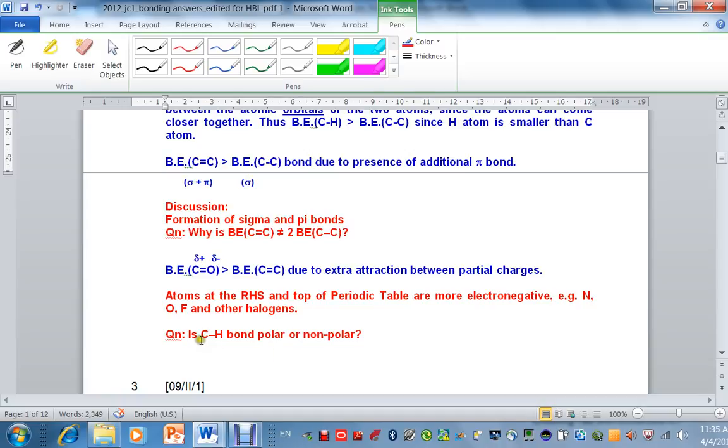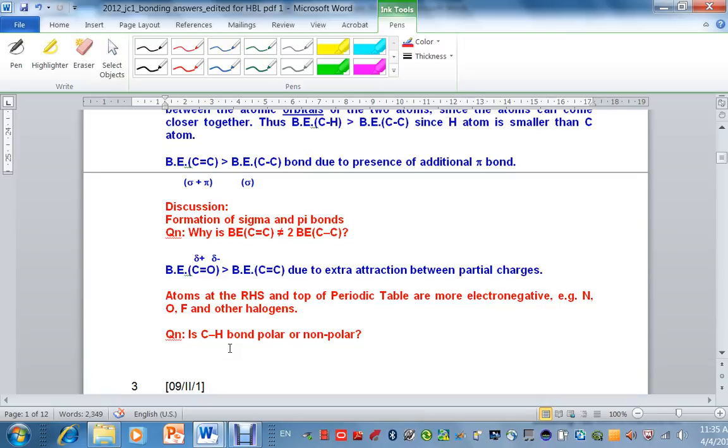Then I have a question here. Is the C-H bond polar or non-polar? I know that we have two different atoms here, carbon and hydrogen, but the difference in electronegativity of these two atoms is very slight. So the C-H bond is generally considered as non-polar.